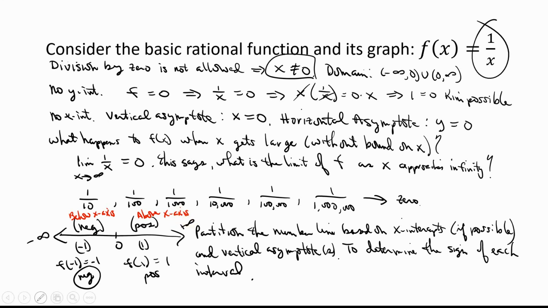So now I'm ready to graph. Have the x-axis and the y-axis. So this vertical asymptote is the line x equal to 0. Well, the line x equal to 0, that's just the y-axis, right? And this horizontal asymptote y equals 0, well, that's just the x-axis.